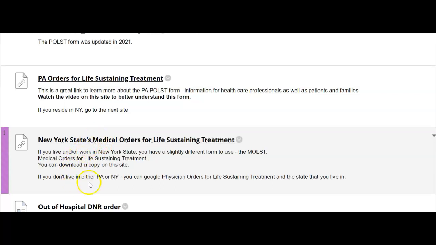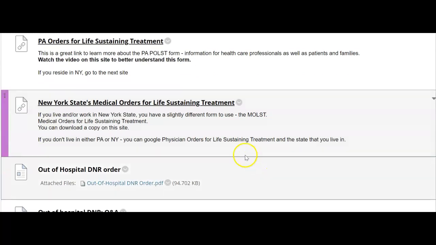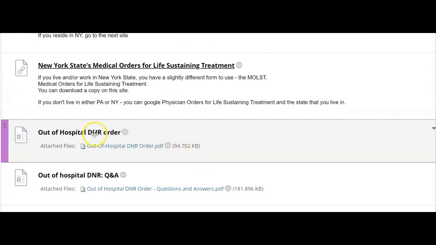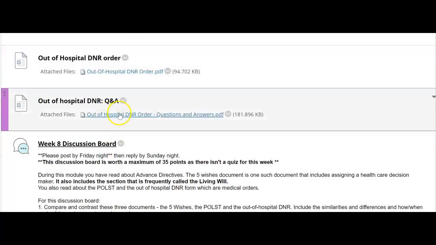If you don't live in either Pennsylvania or New York, just search on the internet physician orders for life-sustaining treatment and include the state that you live in, and you will see the document. Out-of-hospital DNR order is here, and some information about out-of-hospital DNRs.